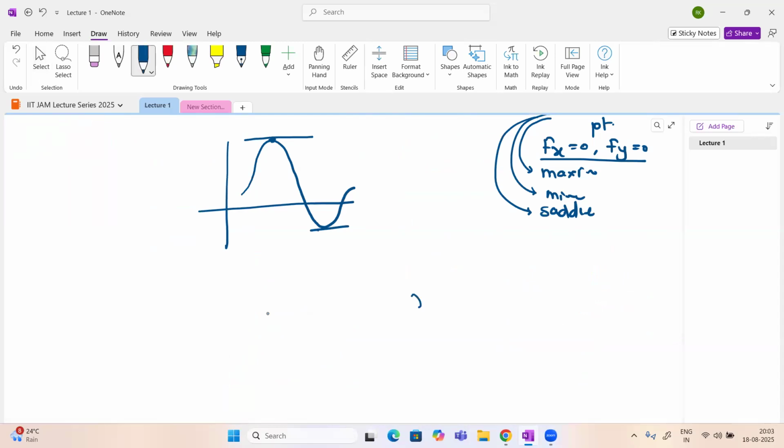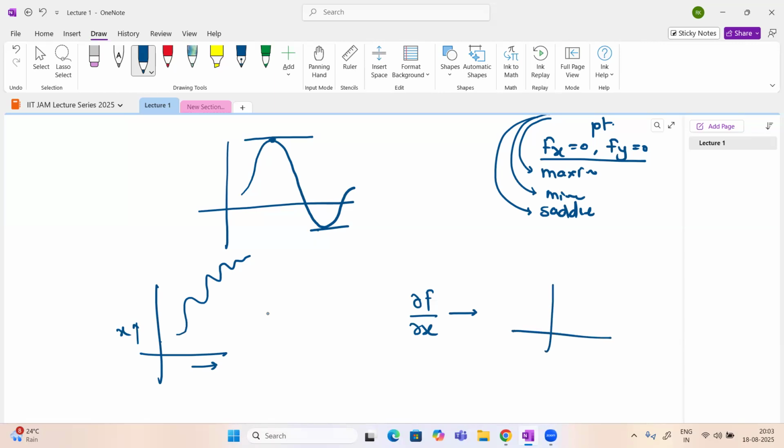Partial derivative means the rate of change in a particular direction, right? So when you have a function like this, it is changing in both directions, x-axis and y-axis. Getting the point?